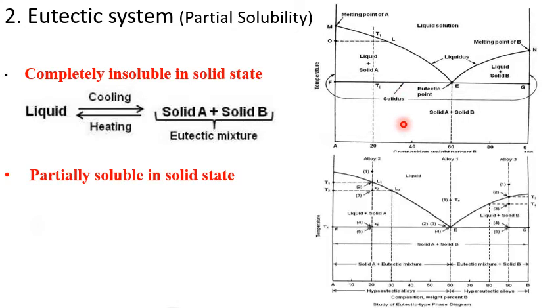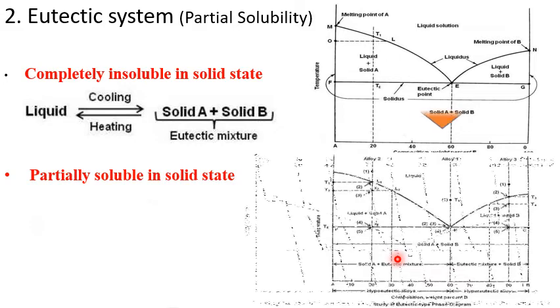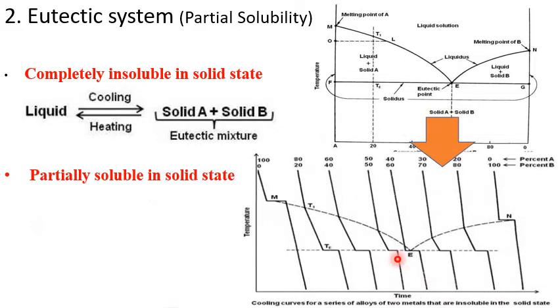Similarly, if there is partial solubility, we get the liquidus line and a solidus line at the eutectic temperature TE, and once it crosses this TE line, all the liquid will solidify into A plus B. So how exactly are we going to construct that?